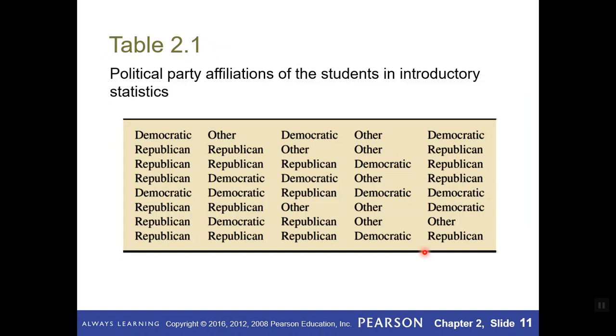values. It's like this. There are political party affiliations of the students in an introductory statistics class. You can see Democratic, Republican, and other. So throughout these 40 observations, you have only 3 distinct values: Democratic, Republican, and other.